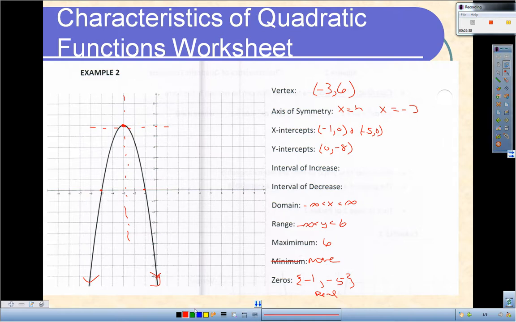If I read the graph from left to right, my graph is first increasing, then decreasing. So it's increasing from negative infinity to, where does it stop increasing? We're going to use the x value, so negative 3. So from negative infinity to negative 3, and then it's decreasing from negative 3 to infinity. And that's it for today's lesson, guys.